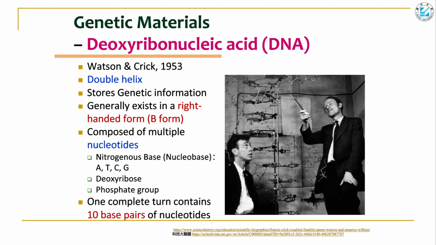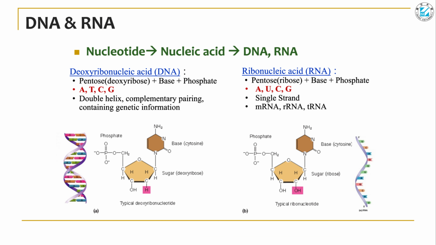So, DNA is composed of multiple nucleotides: nitrogenous bases, also called nucleobases, A, T, C, G, deoxyribose, and a phosphate group. And one complete turn contains 10 base pairs of nucleotides.